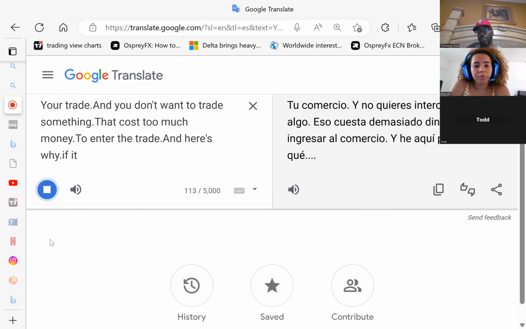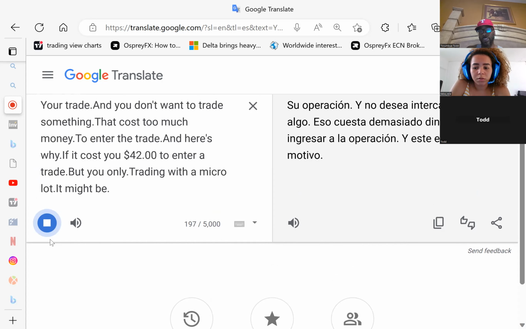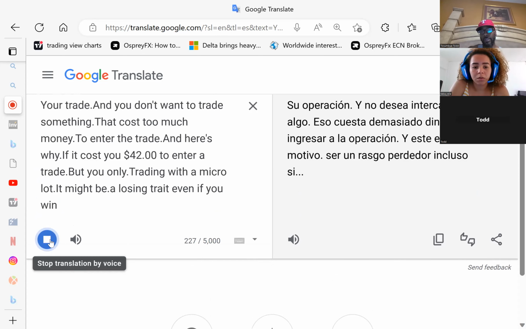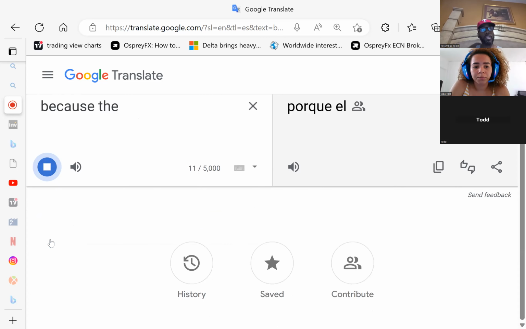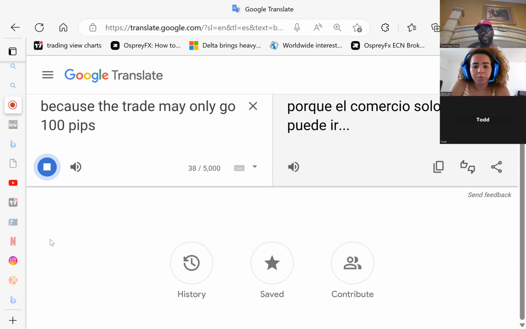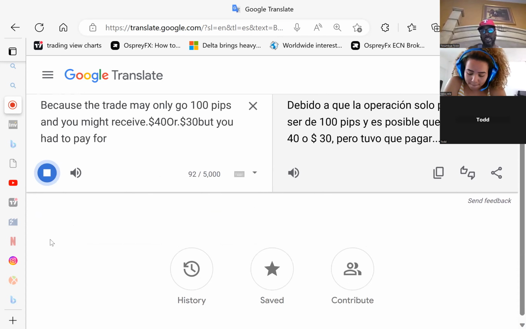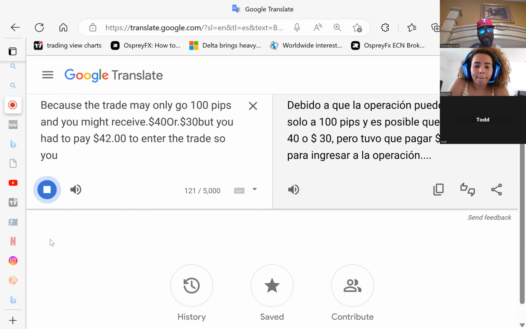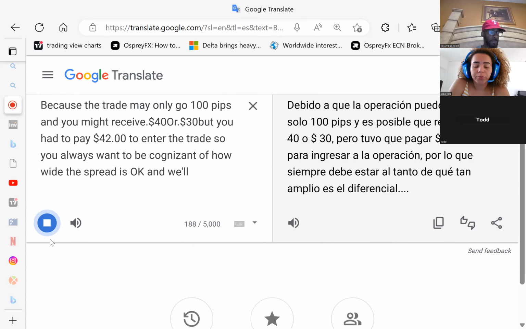If it costs you $42 to enter a trade, but you're only trading with a micro lot, it might be a losing trade, even if you win the trade with the micro lot, because the trade may only go 100 pips and you might receive $40 or $30, but you had to pay $42 to enter the trade. So you always want to be cognizant of how wide the spread is, okay? And we'll cover the spread here coming up.